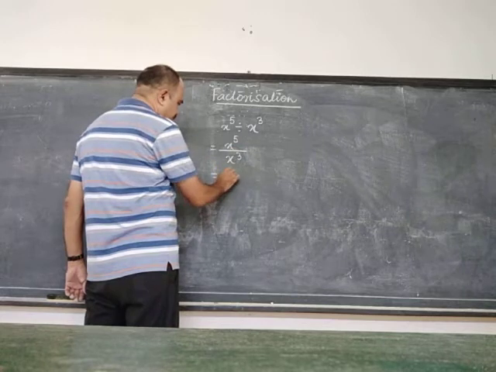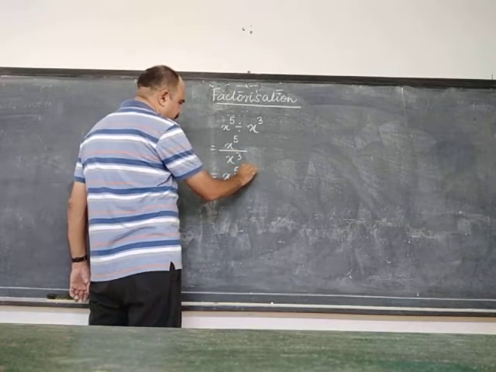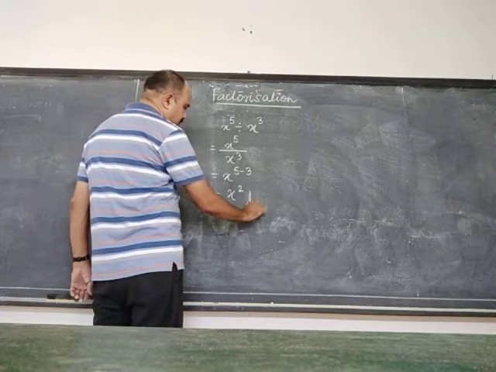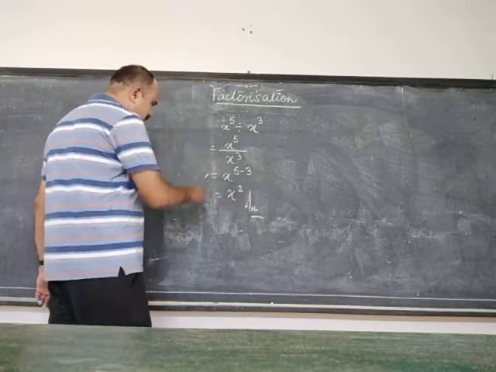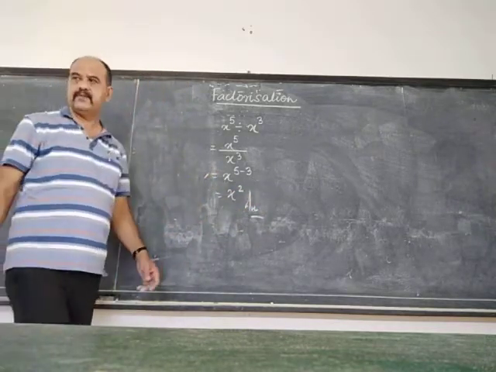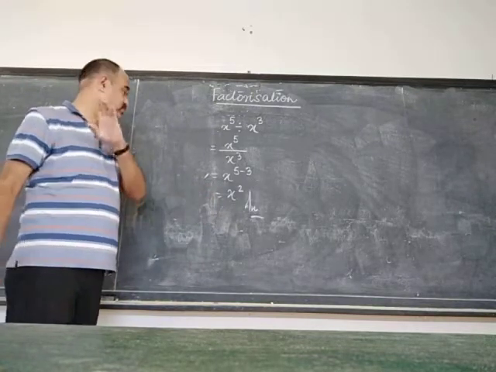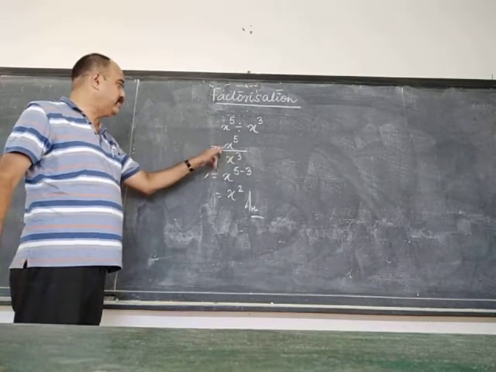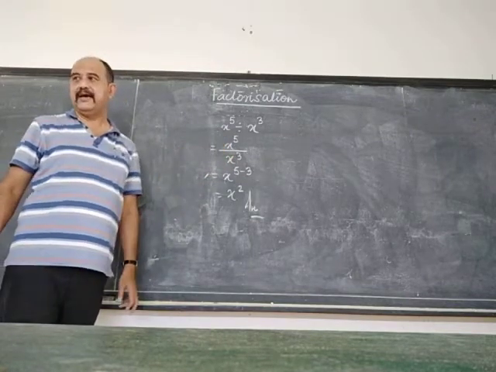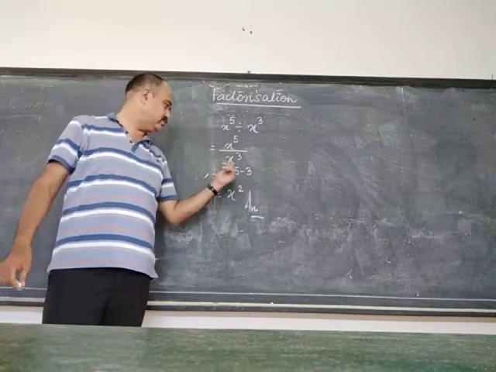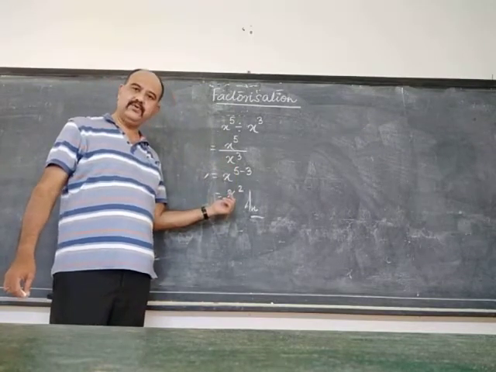Now, x to the power 5 minus 3 is equal to x to the power 2. So this is your required answer. Or if you don't want to write this line, that is also alright. From this line you can directly go to this line, but never reduce x to the power 5 and x to the power 3 and then write x to the power 2. Either you show this line or you do it directly.